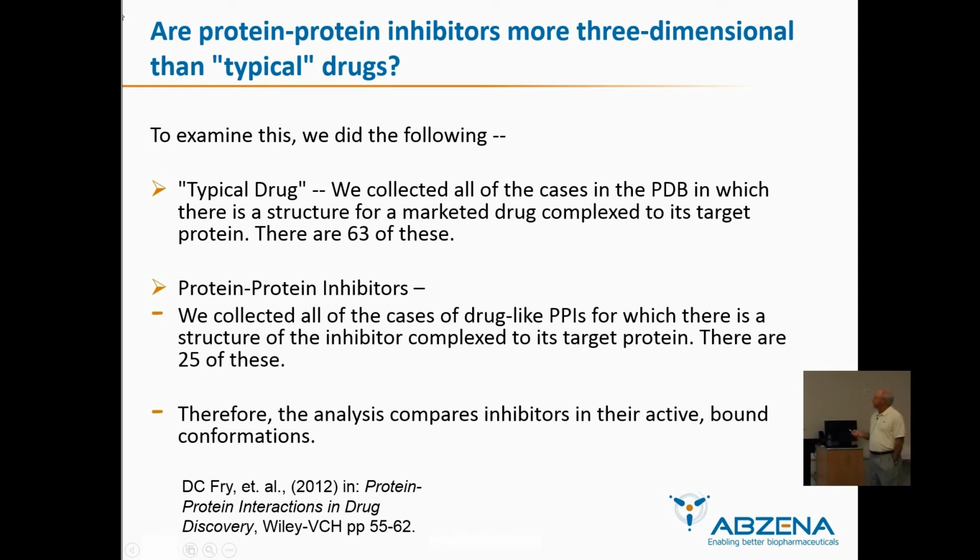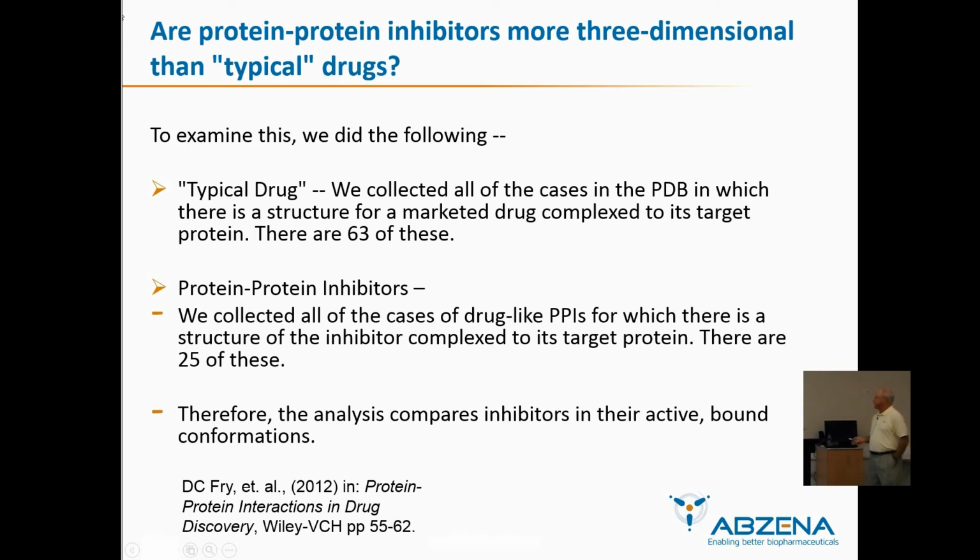So we looked for, first of all, cases in the protein database where there's a structure for a marketed drug complex to its target. And it turns out if you go looking, you find 63 of these. And then we collected all the cases where we had a successful drug-like protein-protein inhibitor and an X-ray structure or NMR structure of the inhibitor bound.